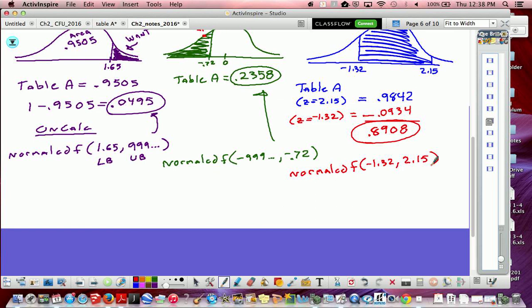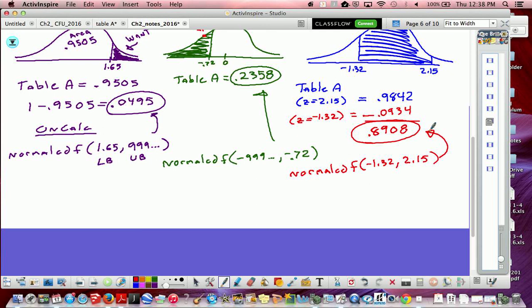Okay. Do you get 0.8908? Yeah, it's actually really nice. Students like these ones the best because they actually give you a numerical value for the lower bound and upper bound, unlike the other two where you have to have one of them be infinity, so you're estimating infinity.